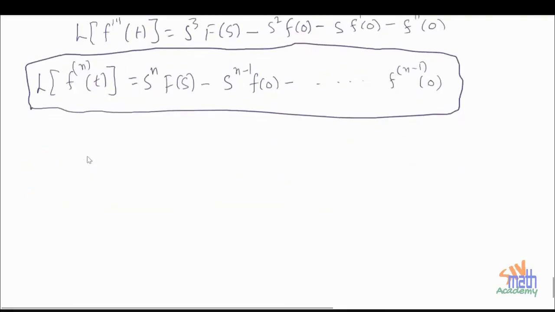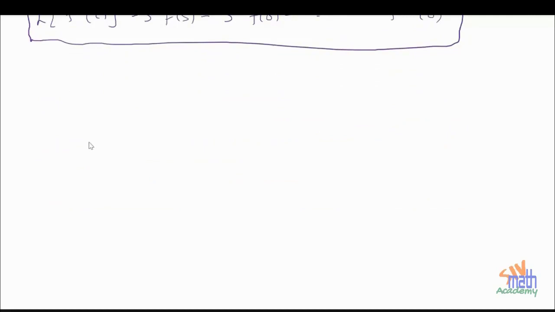Okay. Here in this context, I would like to give an example. Let us see some example over here. What is the Laplace transform of sine root t? For root t, we don't have a formula basically.